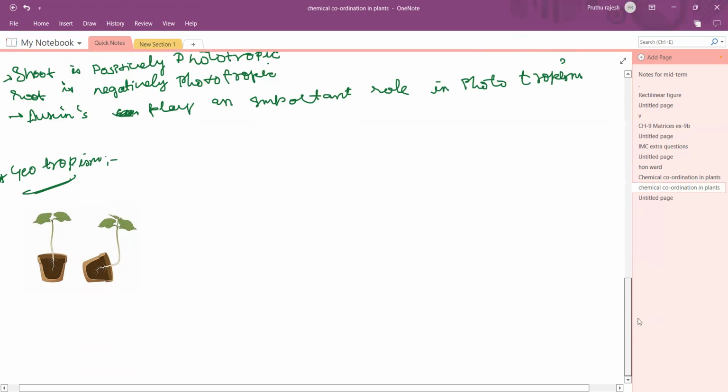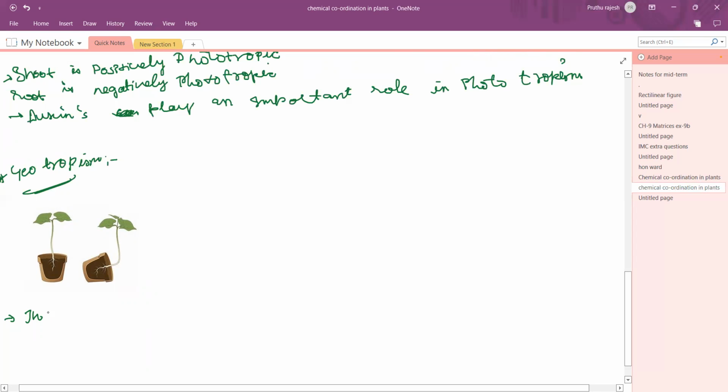It's in these notes. So now let's understand geotropism. In this picture, we can see that when the plant is made to fall, the roots should start growing in the direction of gravity.